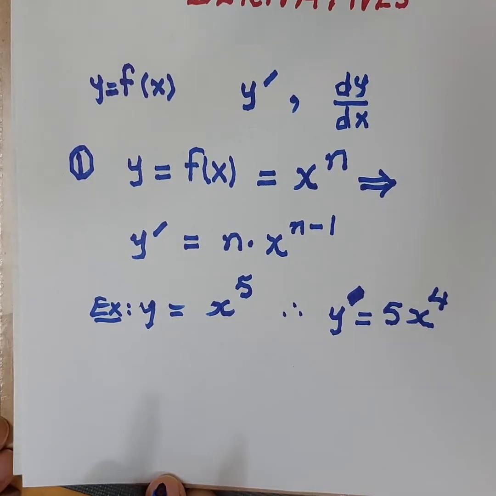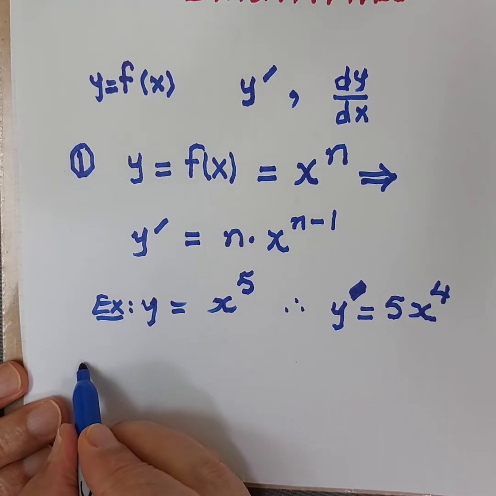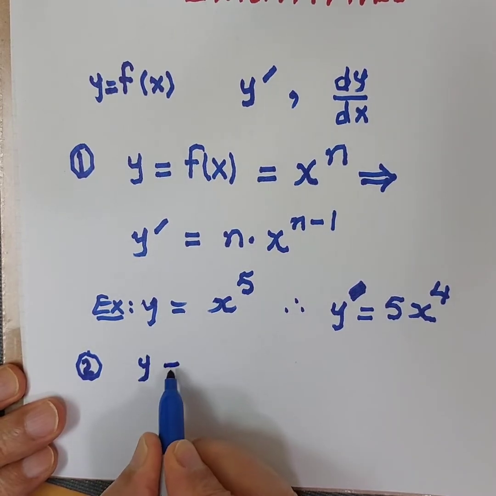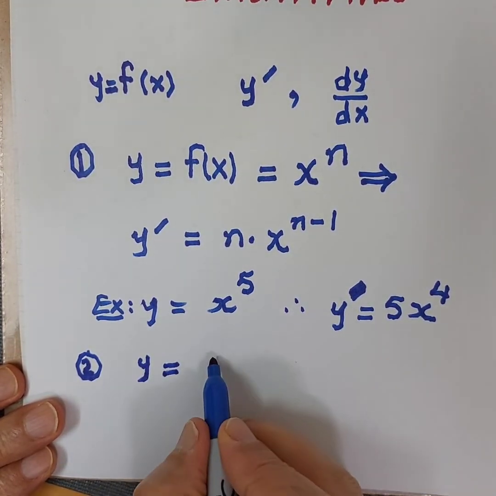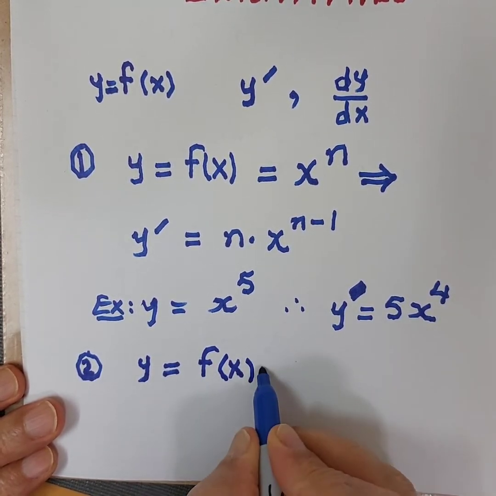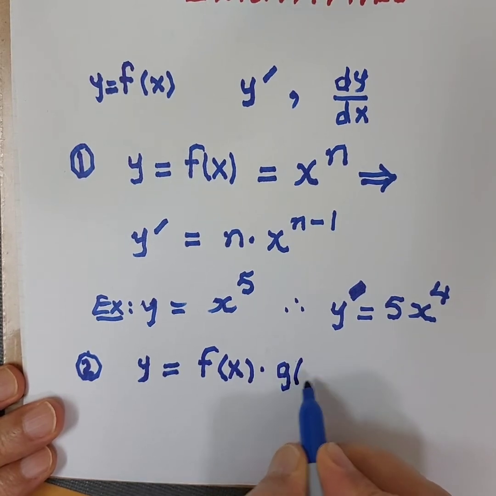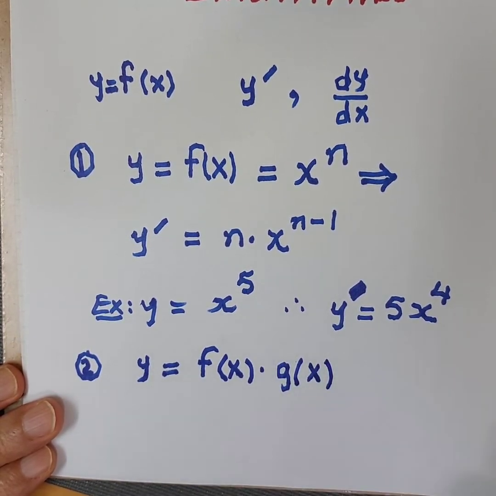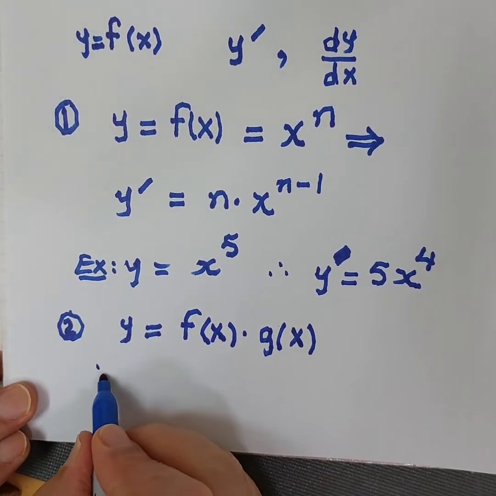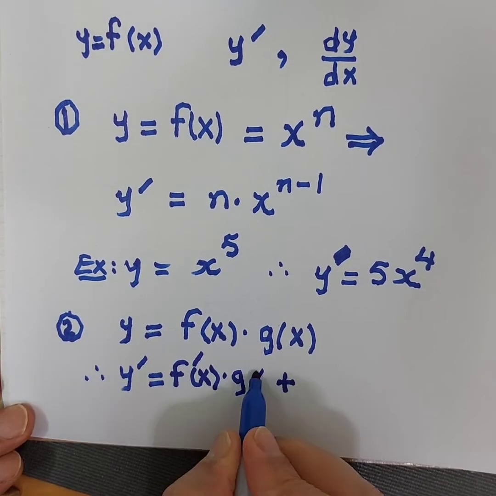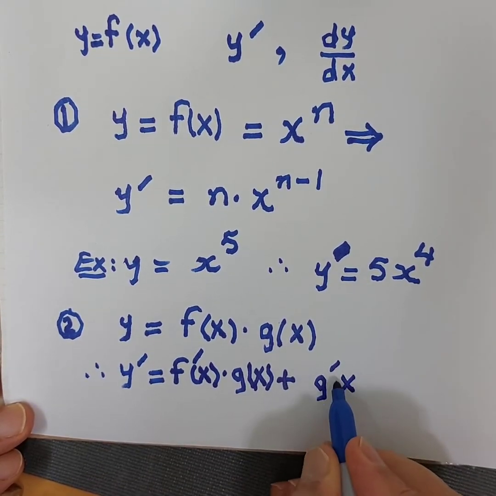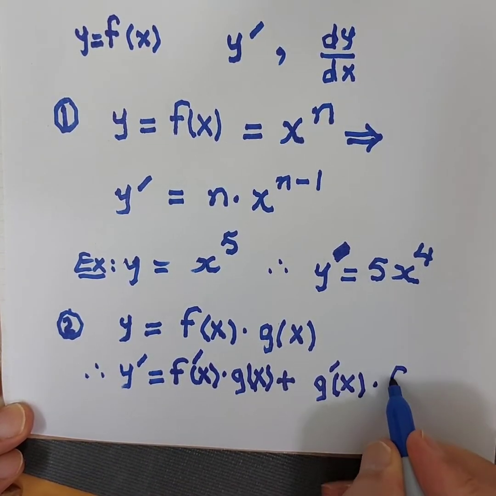Now the second rule. If we have y as a product of multiplying two functions together, like f of x multiplied by g of x, the derivative y dash will be f dash x times g x, plus g dash x times f x.